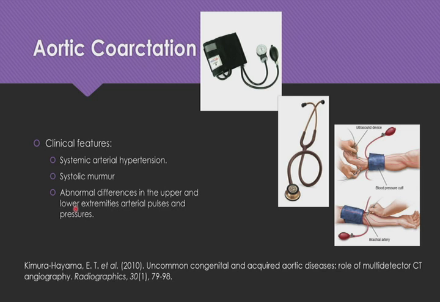Okay. The most common clinical features are systemic arterial hypertension, on the physical exploration also systolic murmur, and one of the most characteristic findings is an abnormal difference in the upper and lower extremity arterial pulses and pressures.